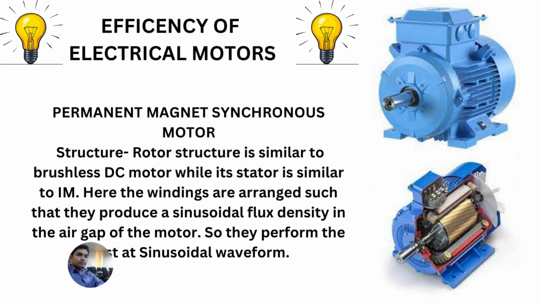In the permanent magnet synchronous motor, the rotor is similar to the brushless DC motor, while its stator is similar to the induction motor. Here, the windings are arranged such that they produce a sinusoidal flux density in the air gap of the motor, so they perform best with a sinusoidal waveform.